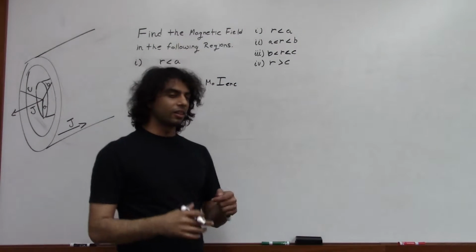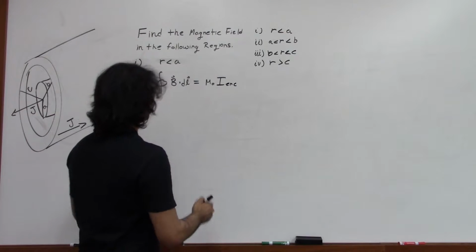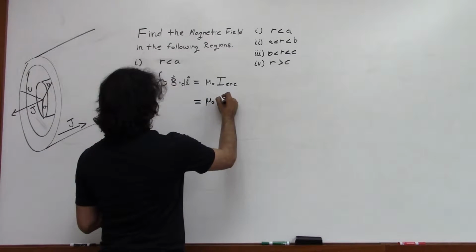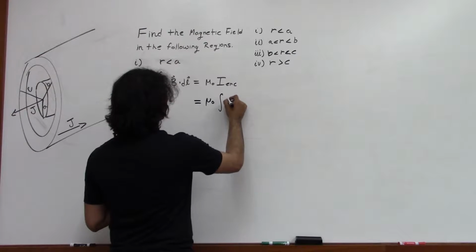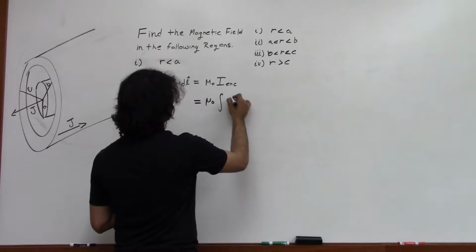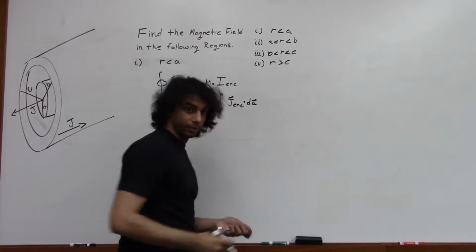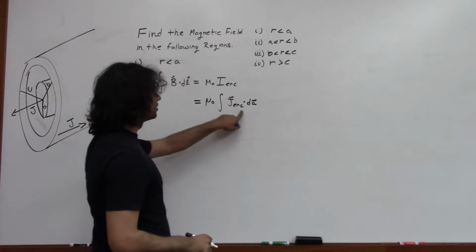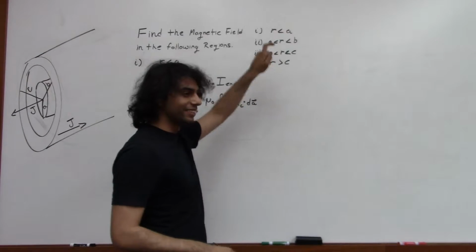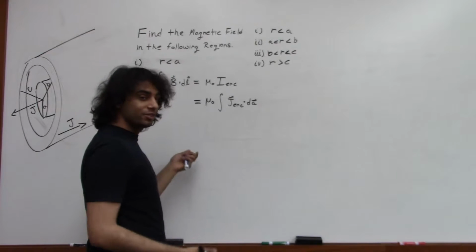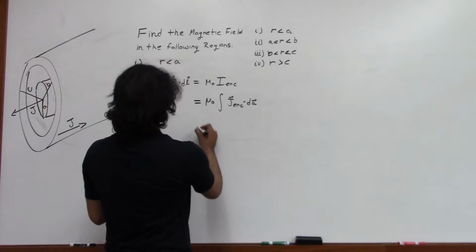Now the current enclosed can get a little bit tricky, and so I will rewrite this as mu naught, the integral of the current density enclosed, dot the area. Now this is going to be the part that makes finding the magnetic fields the most trickiest. In honesty, this will always be the same, but let's tackle this one quickly.